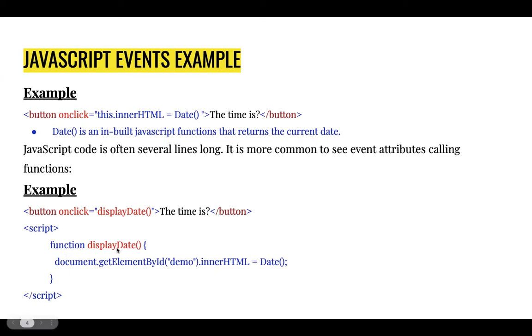The content of this function is document.getElementById. This is finding the HTML element that has the ID of demo, and then it is setting its content to the current date.